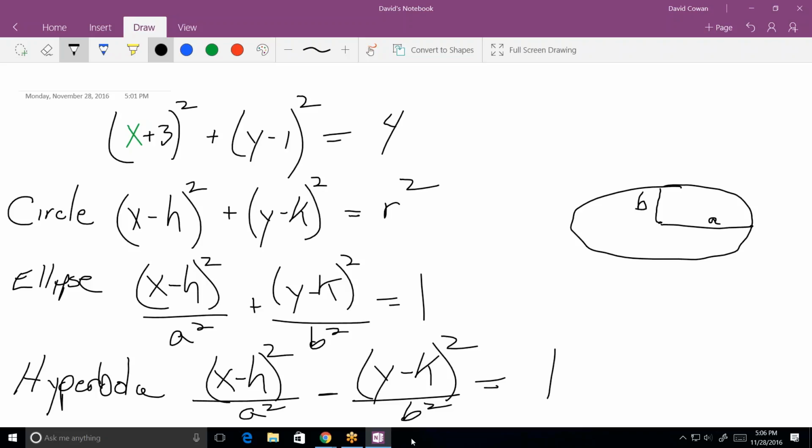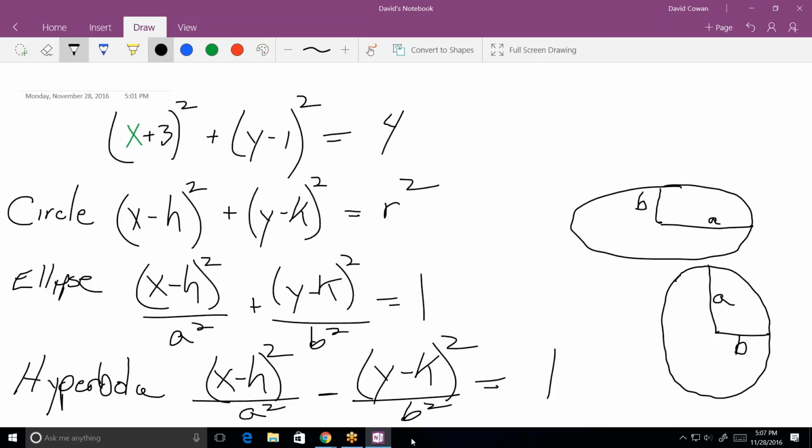Now, with both an ellipse and a hyperbola, these general formulas actually are a little different. The general formula for an ellipse is a horizontal ellipse. But if I had an ellipse that was like that, a vertical ellipse, well, that measurement's always a, the big one.